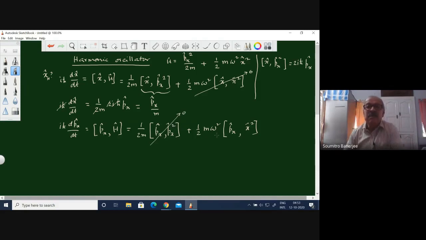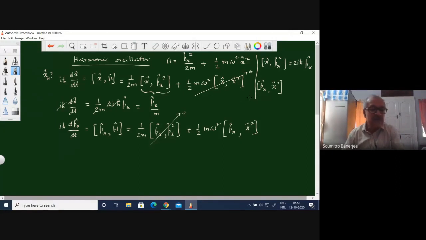And this term, we had again calculated it earlier. This term was px comma x square. If you recall, we wrote it as px x x minus x x px, and then we substituted, and that way we calculated. This can also be easily calculated. You can do it very quickly.